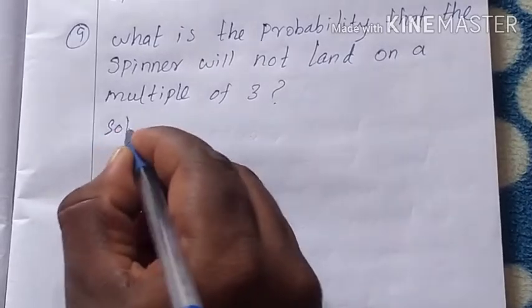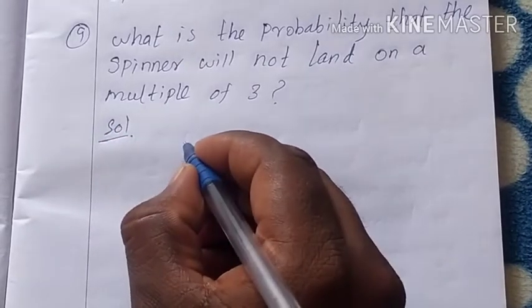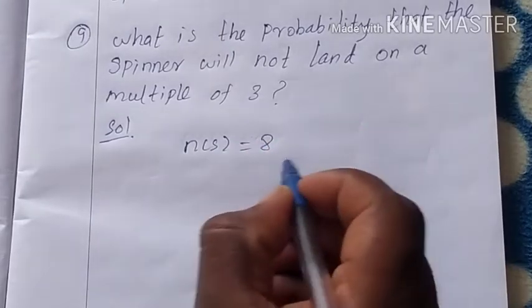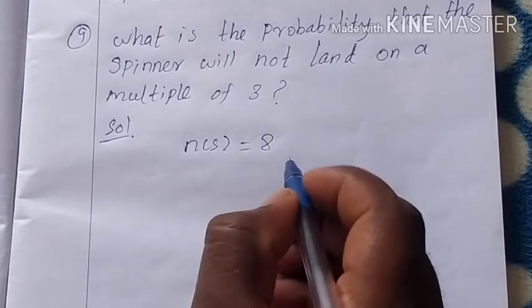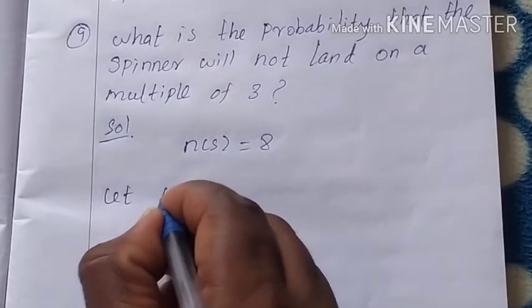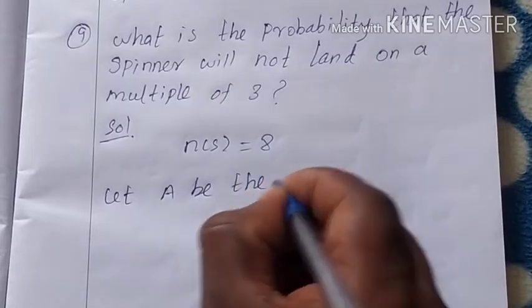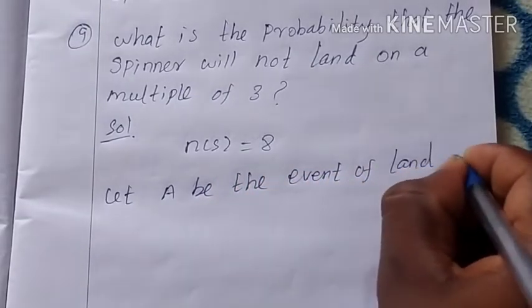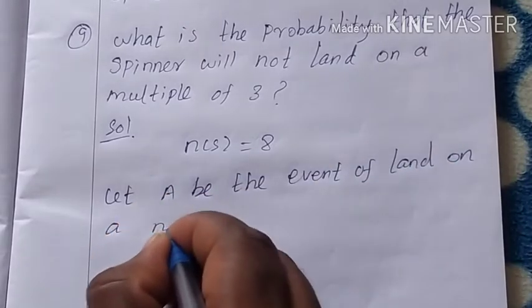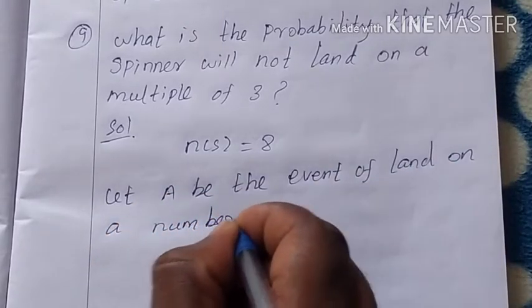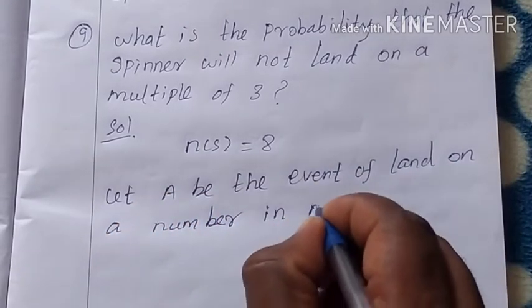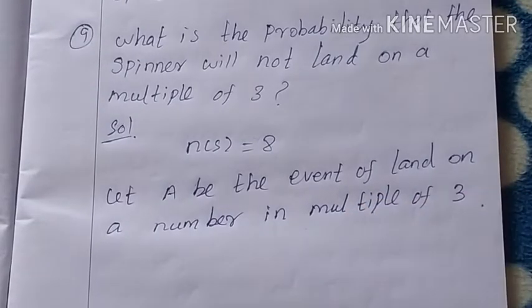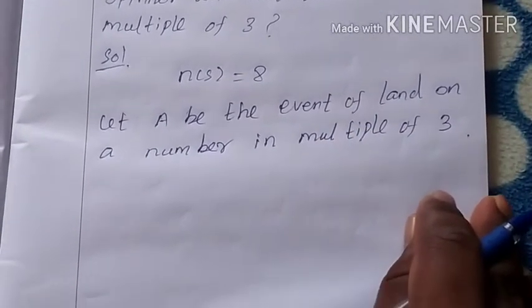Okay, the solution. The n of S is 8 because the spinner has 8 numbers. Okay, let A be the event of landing on a number that is a multiple of 3.